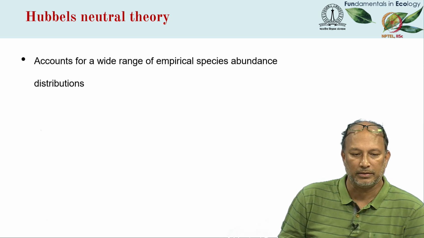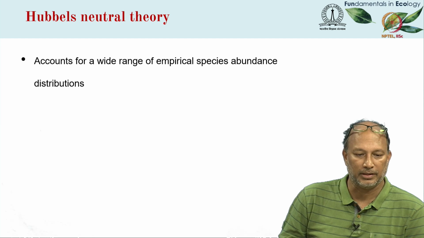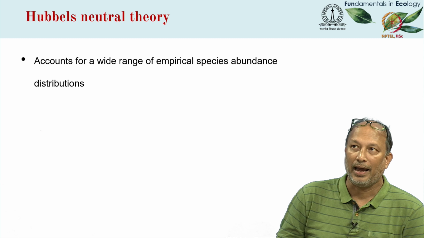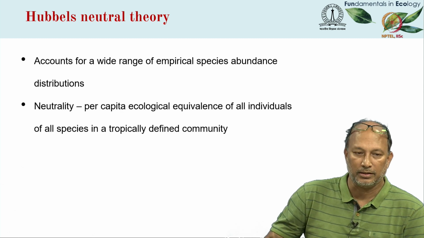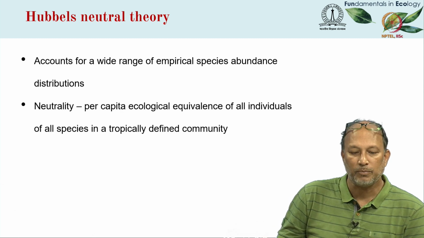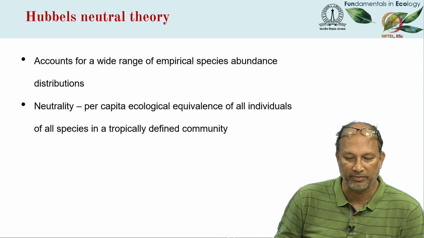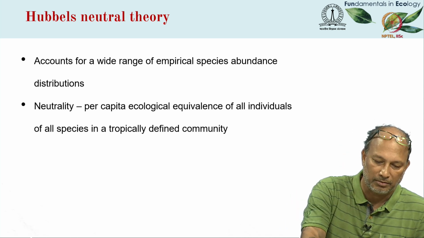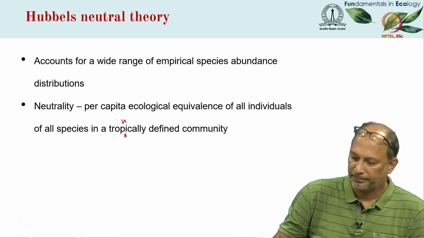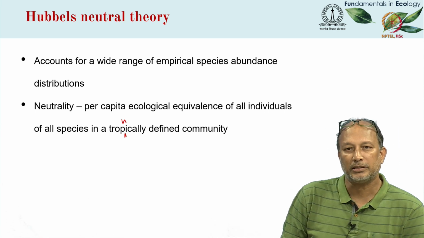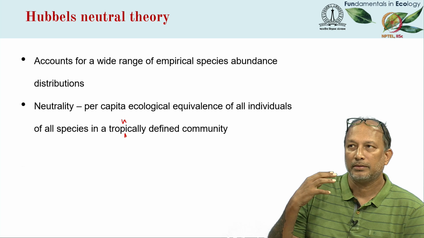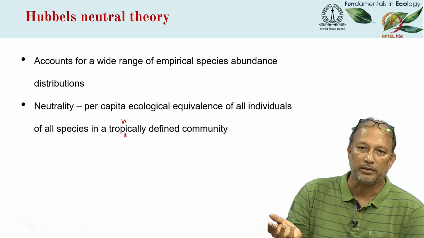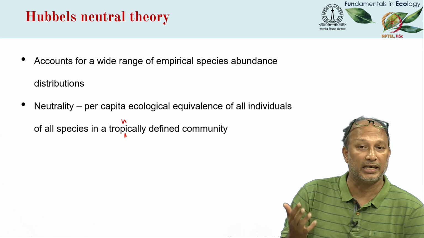Hubbell argued that this accounts for a wide range of empirical species abundance distributions, and the neutrality in this comes from per capita ecological equivalence of all individuals of all species in a trophically defined community. Now, what this means is that in many species abundance distributions, as we saw earlier, we treated all species as equal.